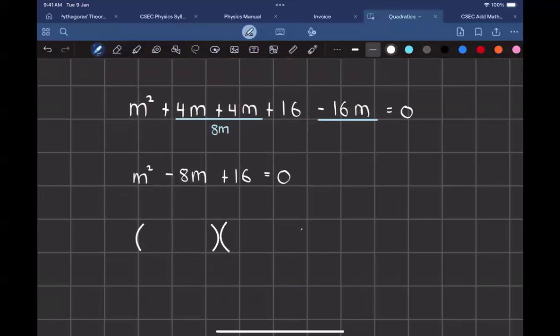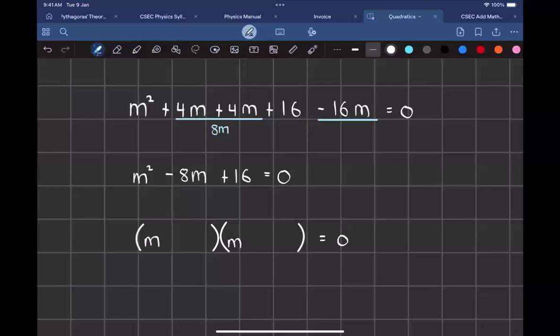So to get m squared, that's what by what? m by m. Right. And to get 16, that's what? But keep in mind, I have to add to give you minus 8.